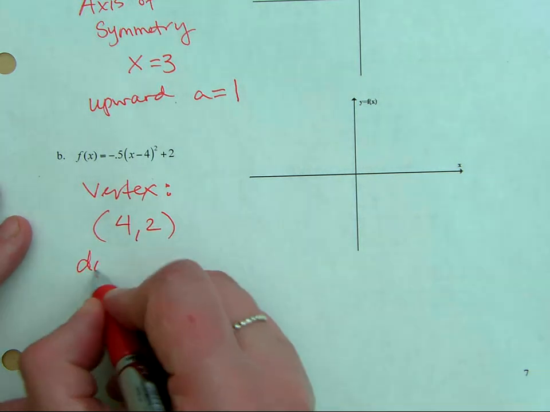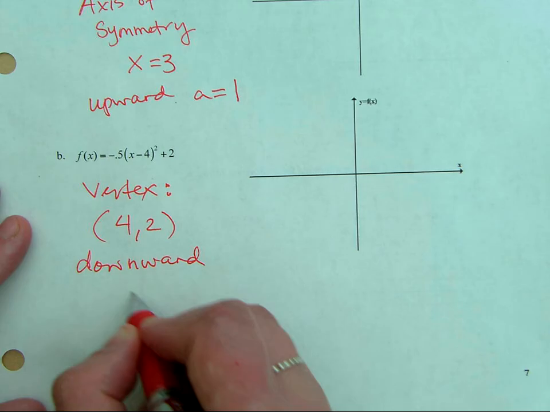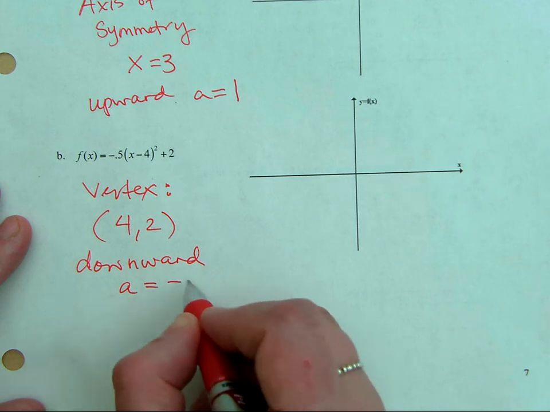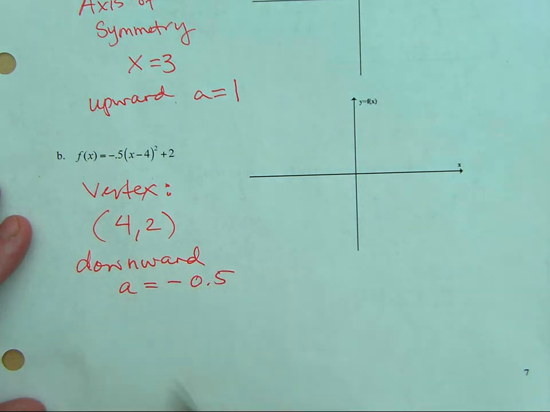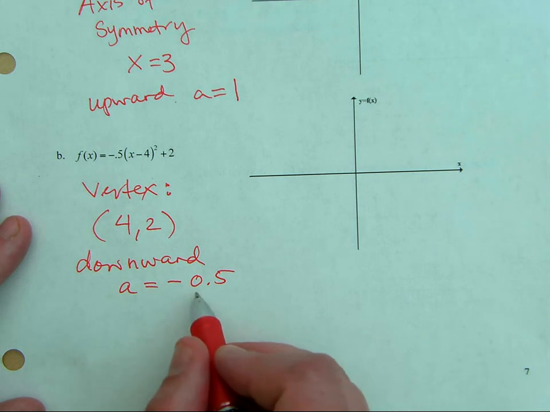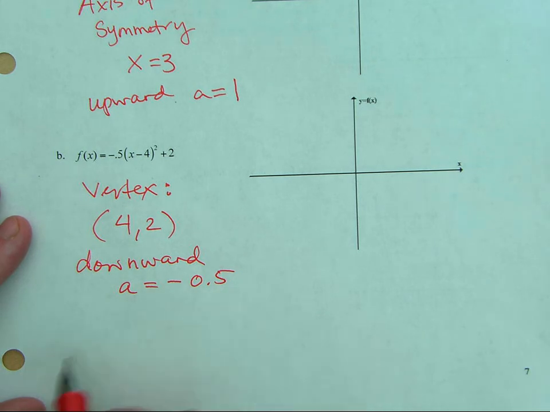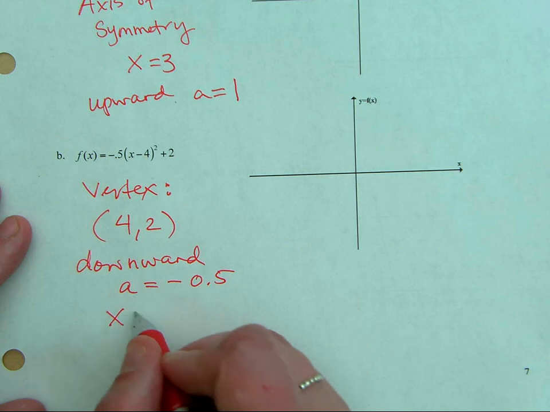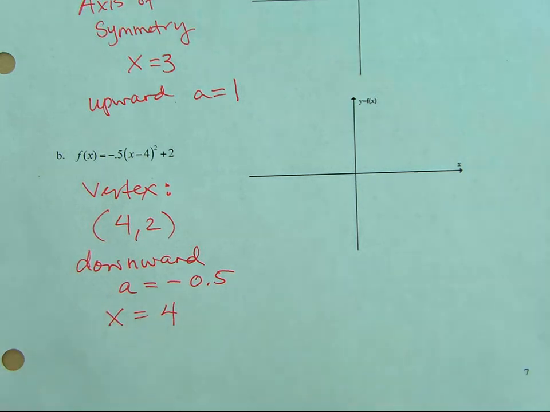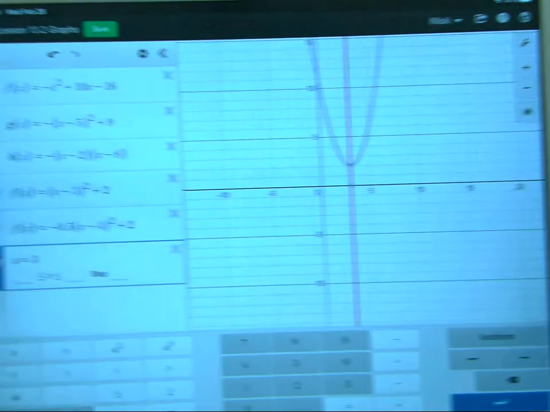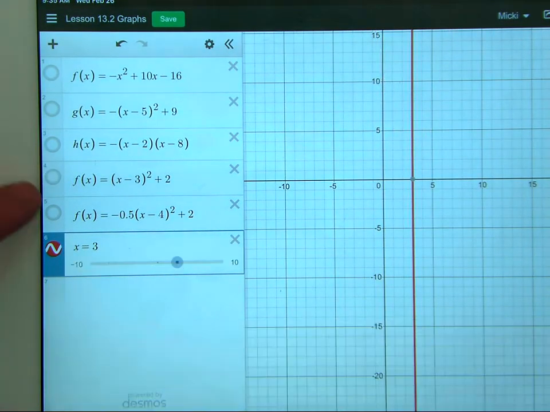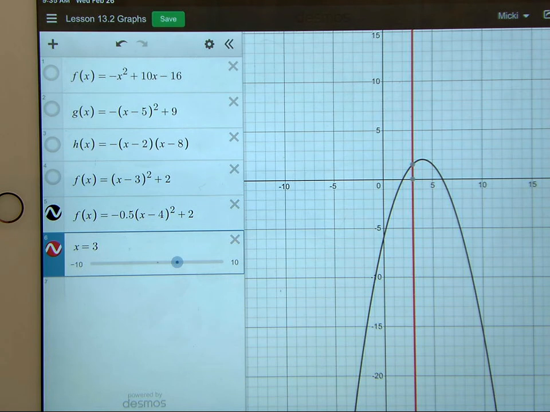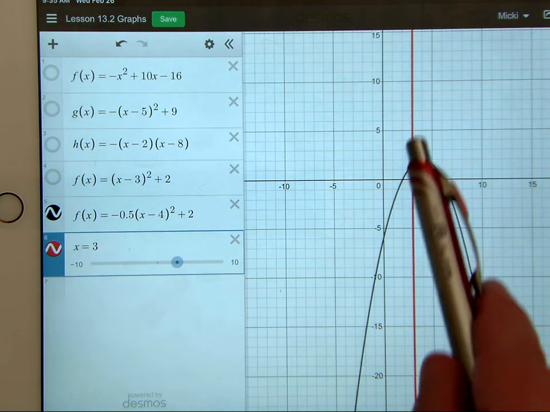Downward. And you say downward why? Yes, A is equal to negative 0.5. Can't really see the decimal very well because there's no 0 in front, but we could call it negative 0.5. And then, what's the axis of symmetry? X equals 4. So if I go to my device again, wake up device, and if I select that parabola, you can actually see that x equals 3 is not cutting the parabola in half.